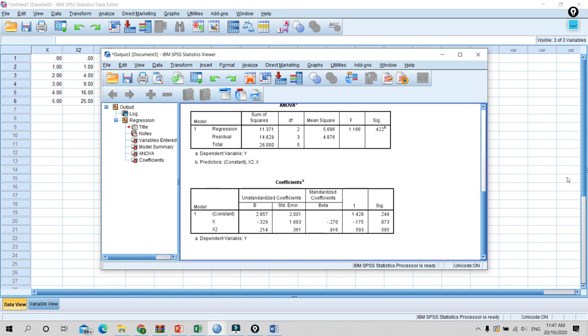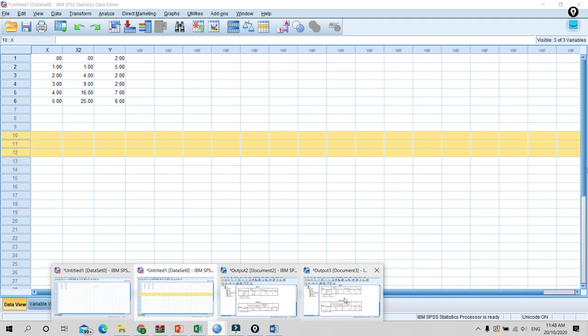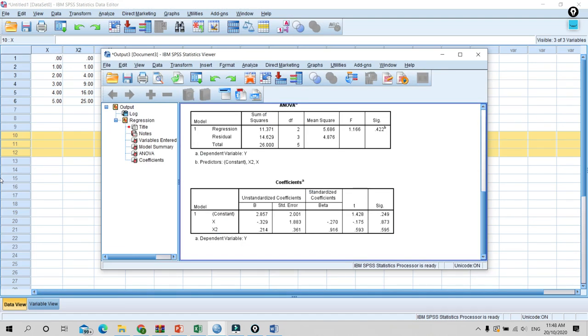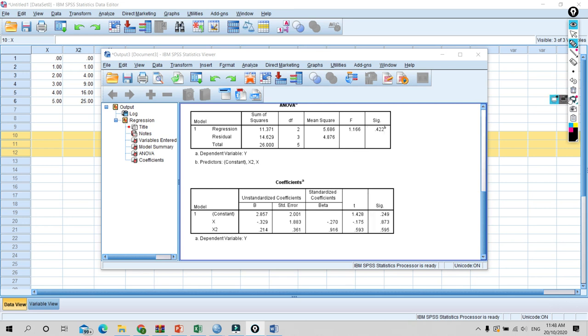So in other words, for this quadratic equation, your B0 is equal to 2.857.